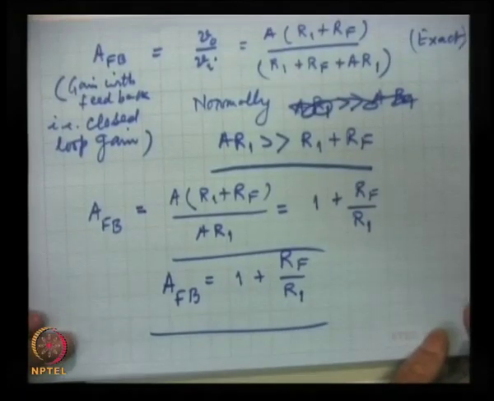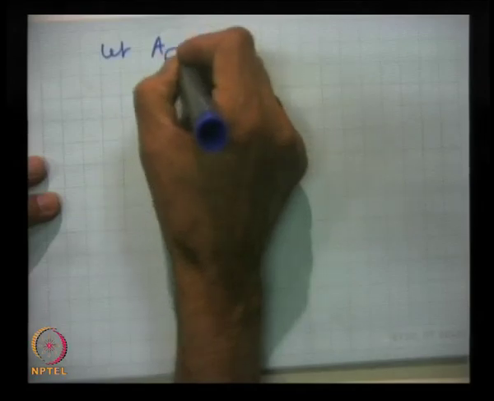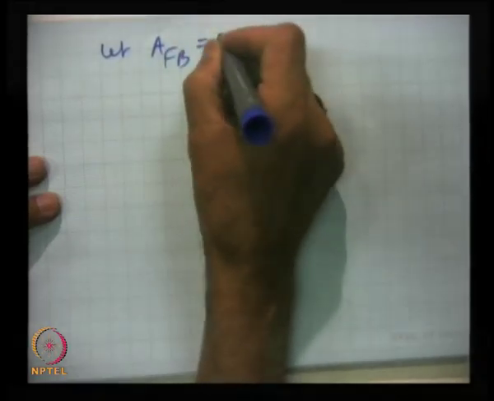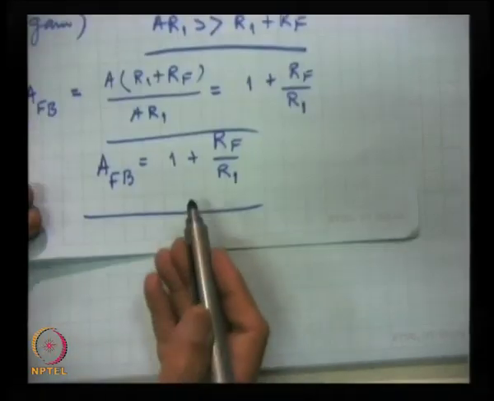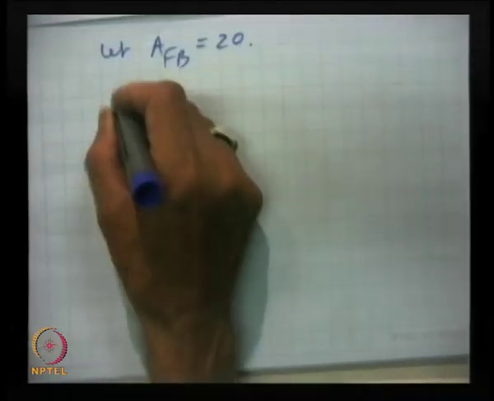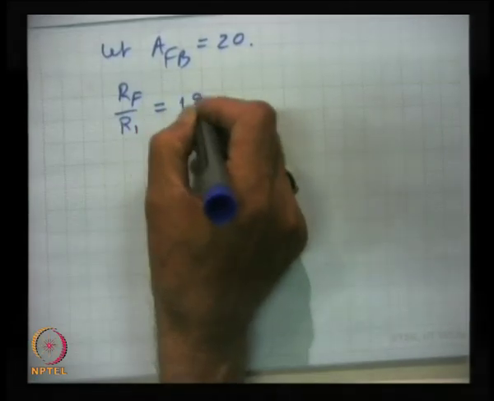Suppose we want a gain of 20. Let AF desired be 20, and for that, from this expression we want Rf by R1 ratio to be 19.